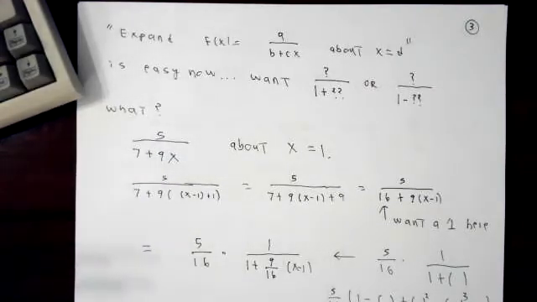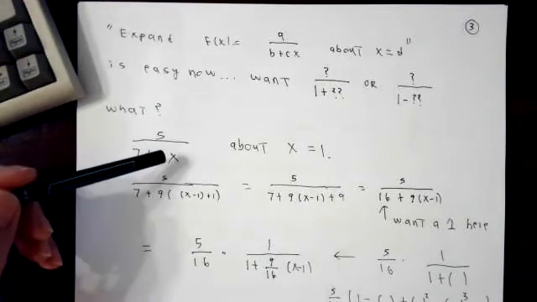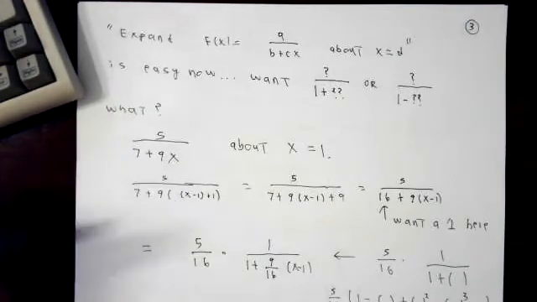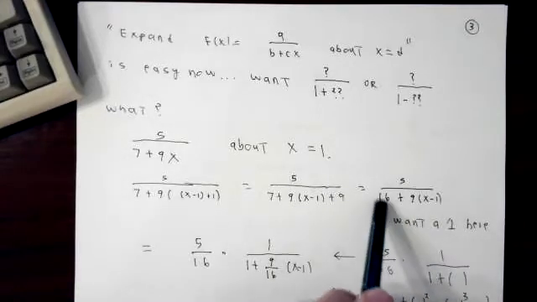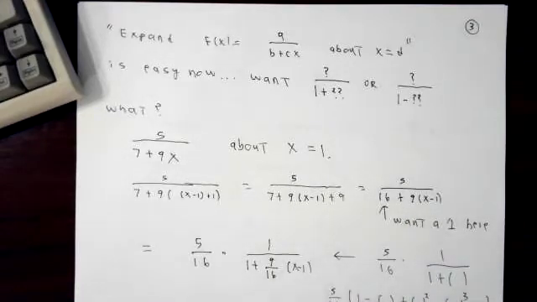It's easy to fix that up, though. x is x minus 1 plus 1. If you multiply that out and simplify it, you get 5 over 16 plus 9 multiplied by x minus 1. So the good news is I've got the x minus 1 in the picture now. The bad news is I don't like that 16, but that too is not a problem.